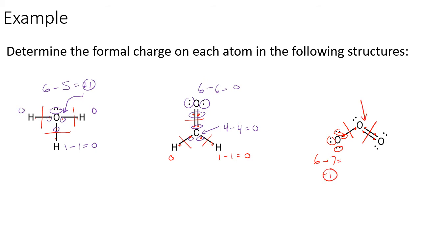The oxygen in the middle is going to be 6 minus, we got 2, 4, 5, positive 1. And the oxygen on the right-hand side is going to be 6 minus, we got 2, 4, 6 electrons. So 0 formal charge. So for our ozone molecule, we got a negative 1, a plus 1, and a 0.